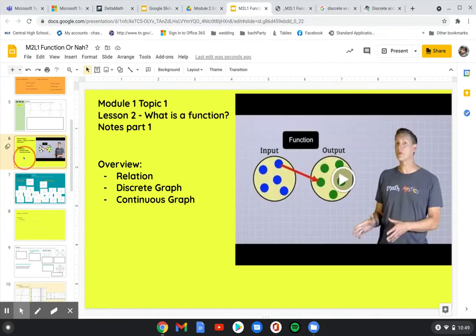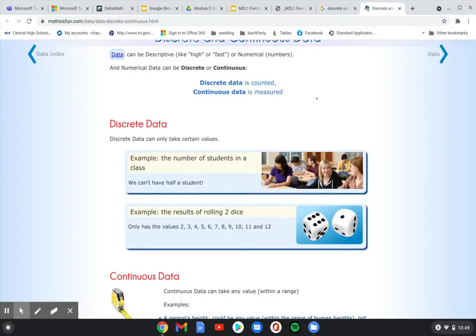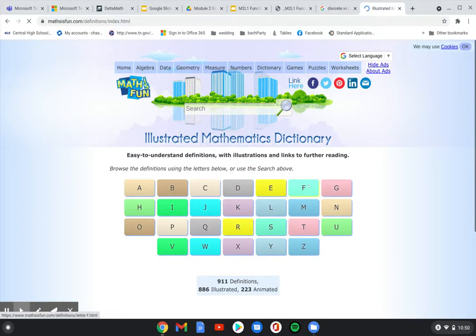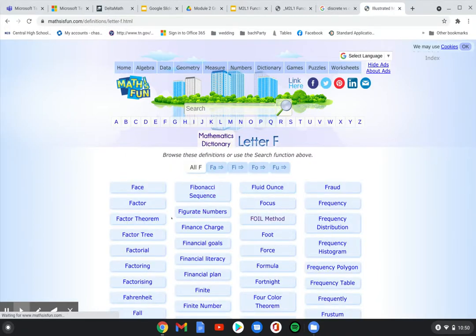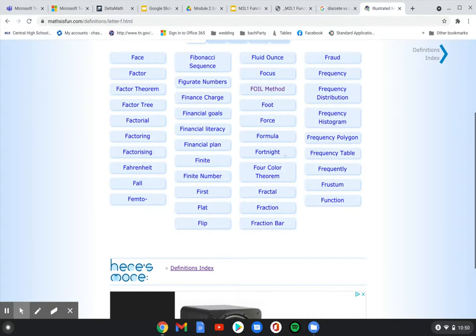All right, overview, what's a function? So basically you can look here. You can get it from this video, or you can look it up. It has a dictionary. F for function. Sometimes they have it, sometimes they don't.